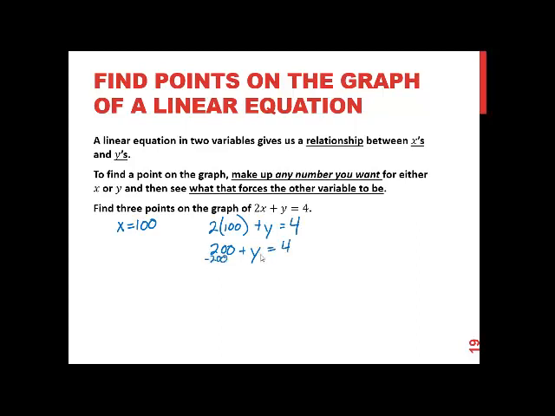Subtract 200 from both sides, and that gives us y equals negative 196. So the point 100, negative 196 is on this graph, and that's a solution to this equation.